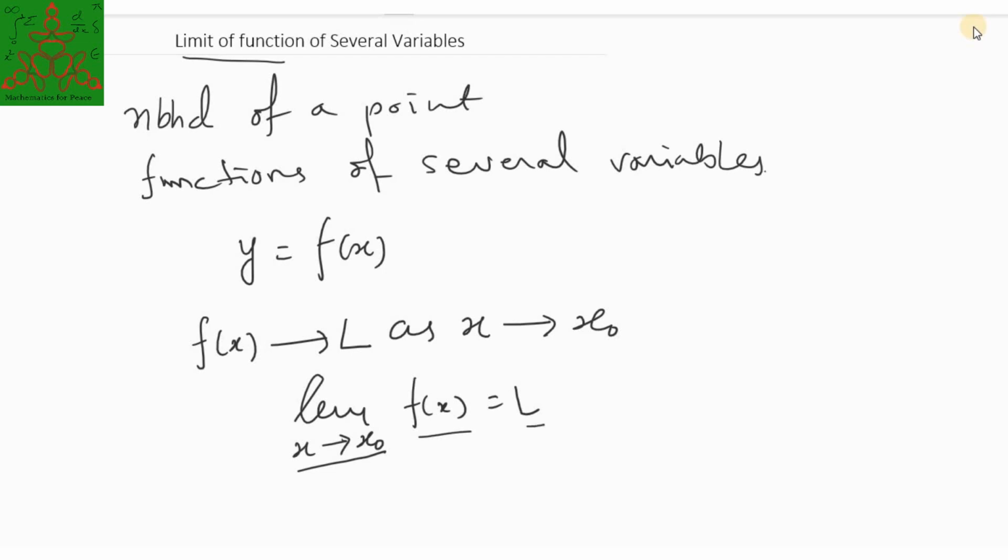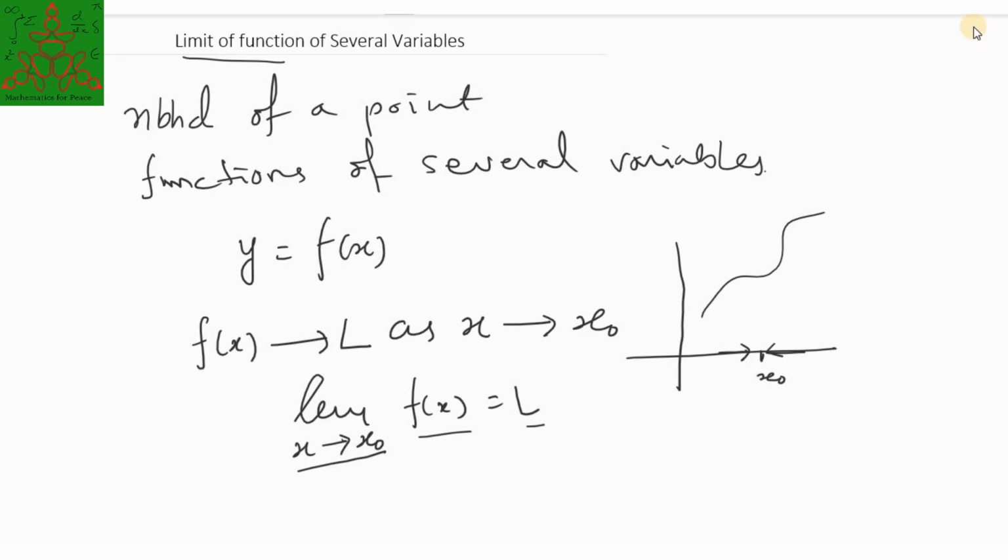Geometrically, if this is the point x0 and this is the function, then you are moving towards it from this side and from this side. That means there are two limits, the right hand limit and the left hand limit.